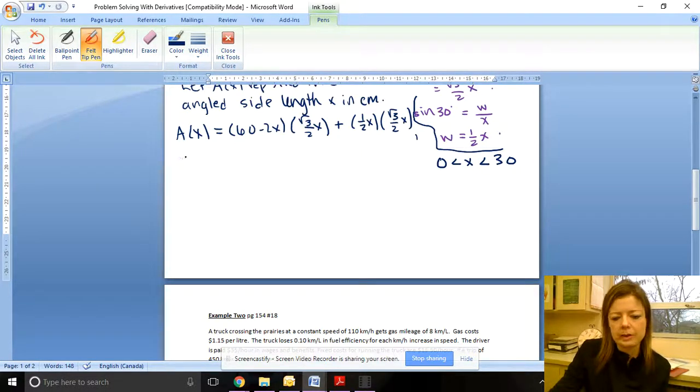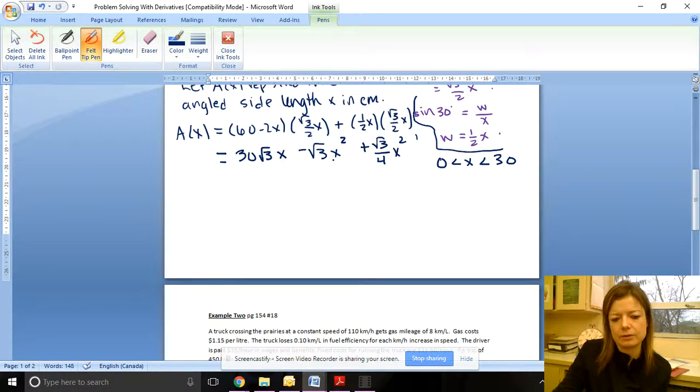All right, so now we can make this a simpler function. You can use your algebra techniques to rearrange this. So you get 30 root 3 x minus root 3 x squared plus root 3 over 4 x squared. I just multiplied those together and then expanded the terms.